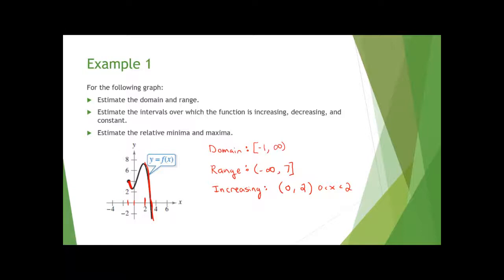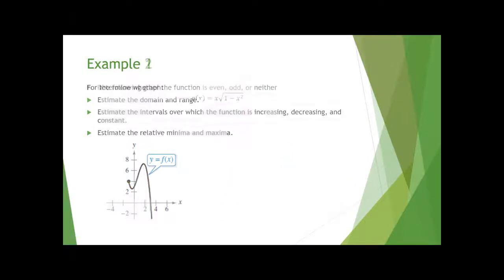We're just estimating here. So my decreasing, I'm looking at the x values. So one section I'm decreasing from -1 to 0. And then I'm decreasing again from 2 to infinity.